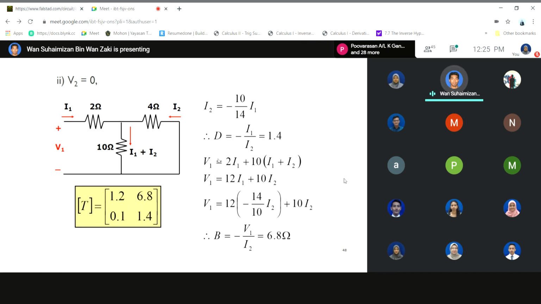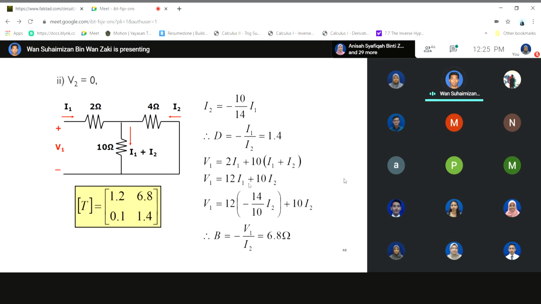For V1, next, B, the ratio is between negative V1 over I2. So the V1 in terms of I2. So here is your V1. So V1 equals, using the loop equation, negative V1 plus 2I1 plus 10 times I1 plus I2 here.